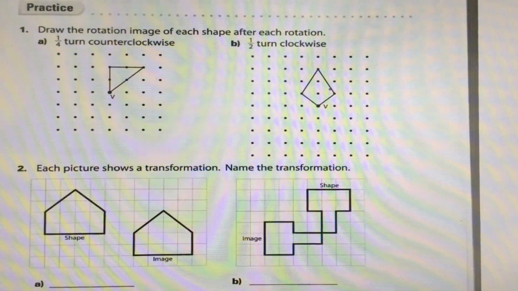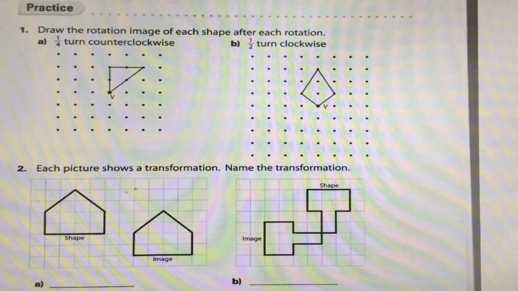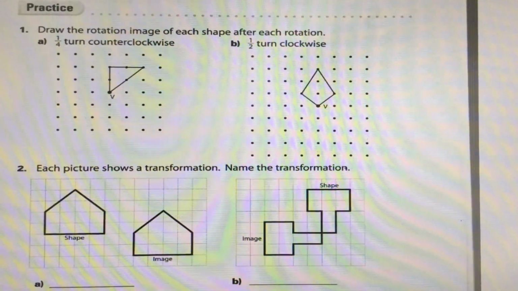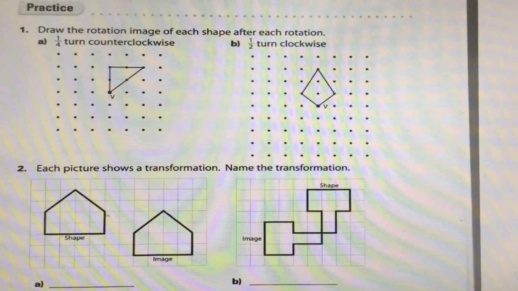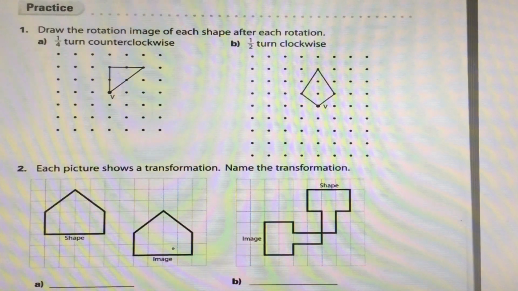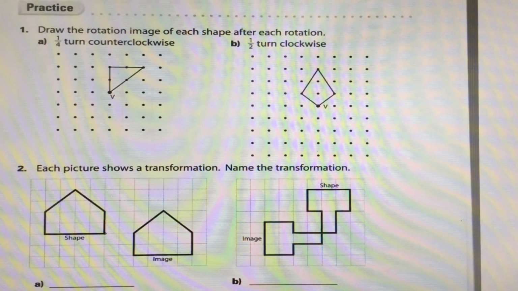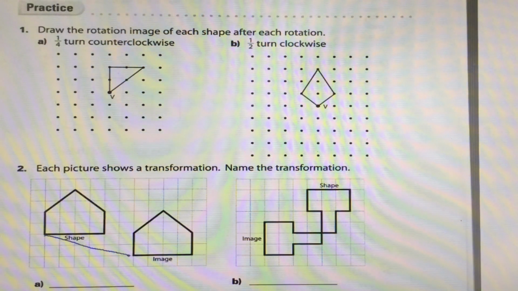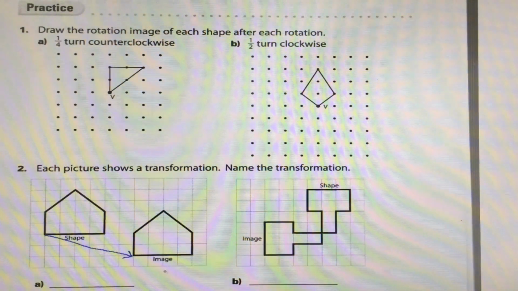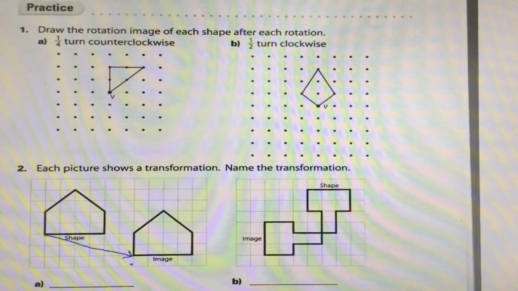Down here, it says each picture shows a transformation. Name the transformation. So in this case, this shape went from here to the image, but this has obviously been a translation, because all we did was take the original shape and slide it this way. So this becomes a translation.